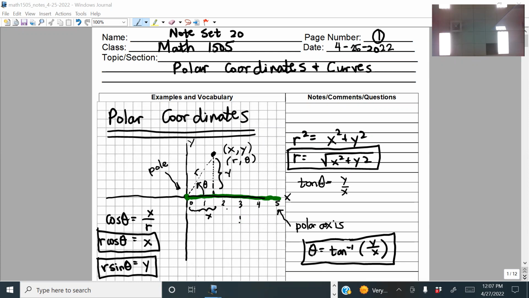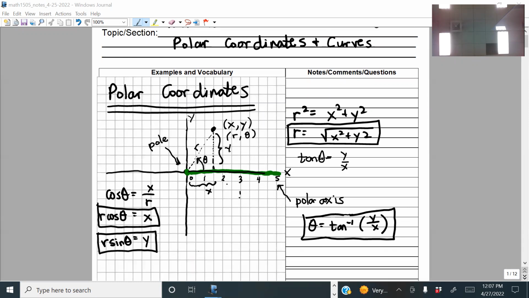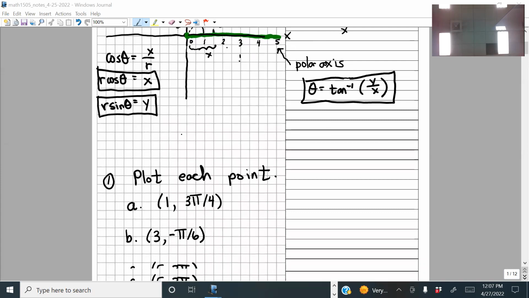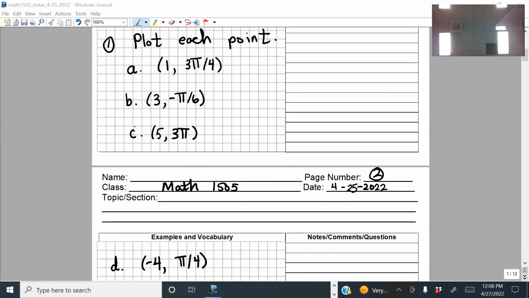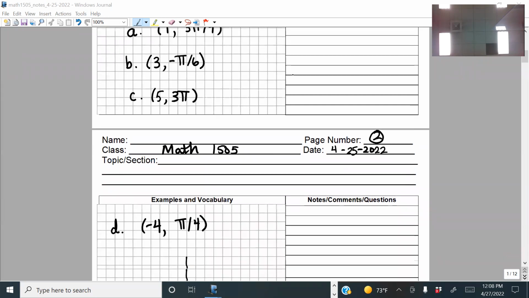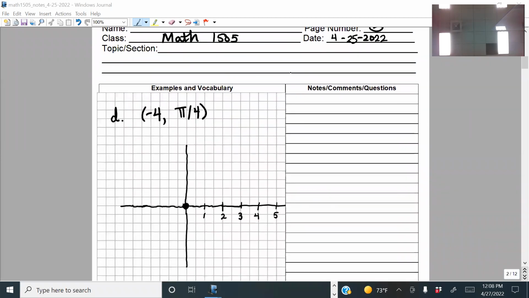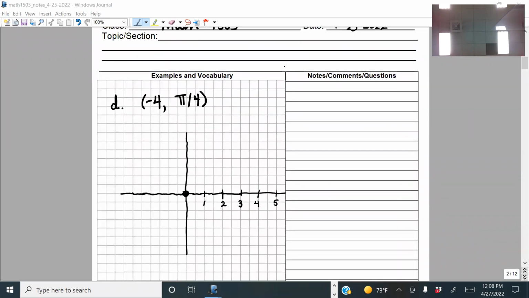Okay. All right. Now, before we actually apply these equations, though, let's do something a little bit simpler. So let's try plotting points in polar coordinates. So just something really elementary, so we can get a better feel for polar coordinates. So these are points written in polar coordinates. So the first number is a distance. The second number is an angle. So there's my polar coordinate system.